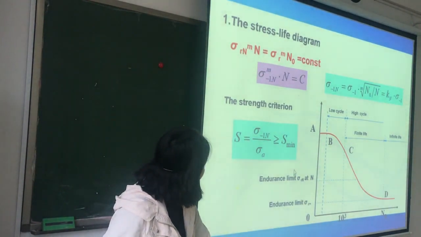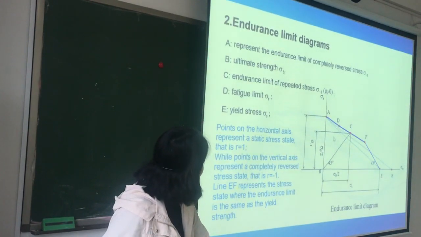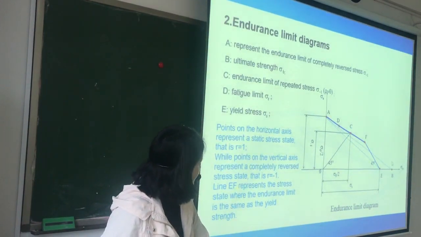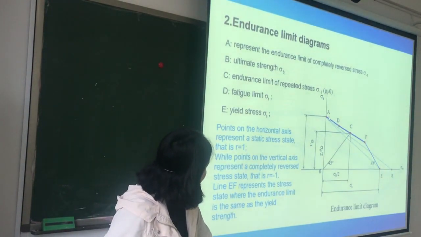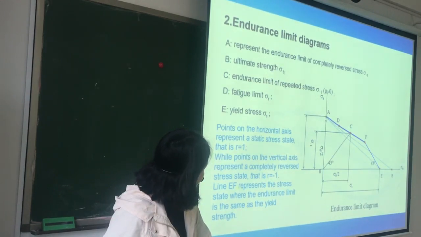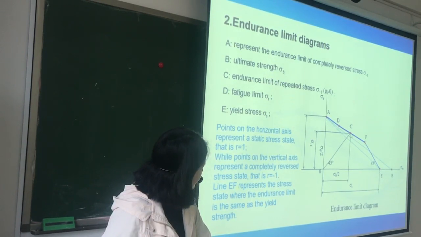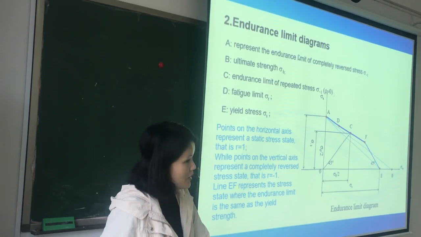Okay, and this is the sigma A, sigma M curve, and the points on the line A, F, E represent the stress limit, or we call it the endurance limit.